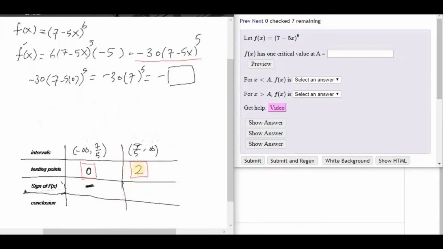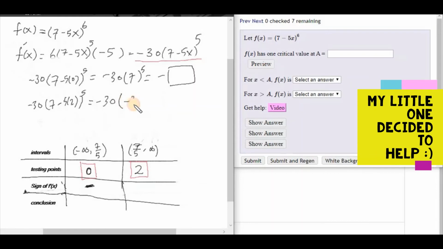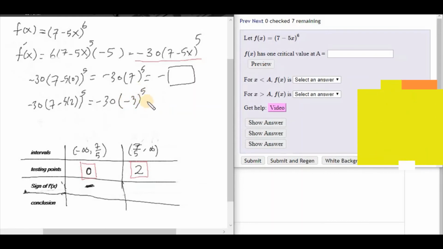Now, if I plug 2 into the derivative function, I will get negative 30 times 7 minus 5 times 2 raised to the fifth power. And the answer is going to be negative 30 times 7 minus 10, which is negative 3, raised to the fifth power. Since 5 is an odd number, I know negative 3 to the fifth power is going to be negative, and I have negative 30 here, so the final answer will be positive something.